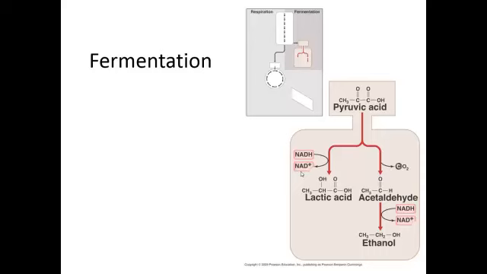I was going to say glucose, but it's not glucose at that point. We need an NAD plus. So we take the NADH, take the hydrogen off, put it onto the pyruvic acid right here, and make lactic acid. So this NAD plus can go back up to glycolysis, and we can continue to get those 2 net ATP.